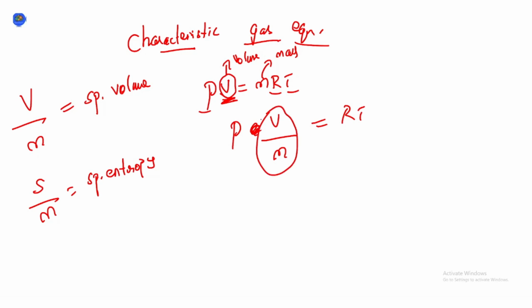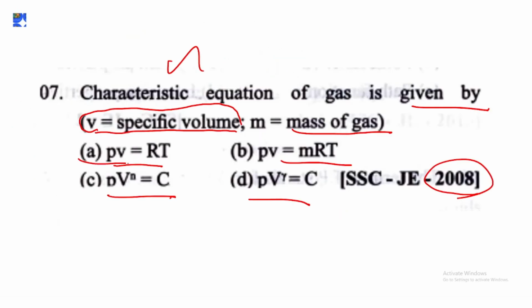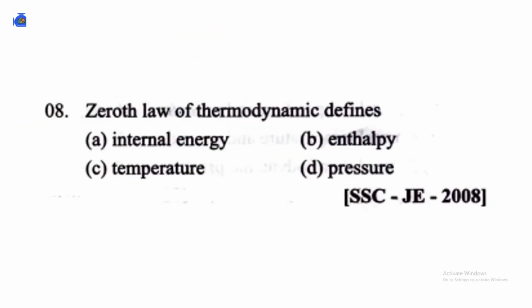This V by m becomes specific volume, which means I can say that option A is the correct one. So you have to be very careful while choosing the option. Now we'll move on to the next question.